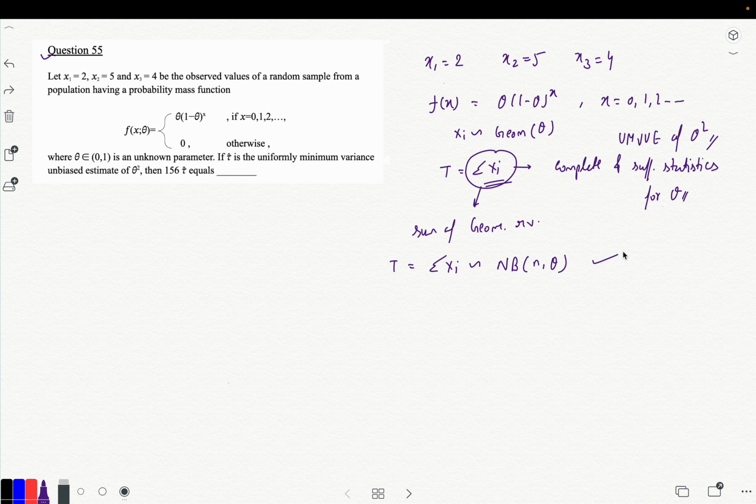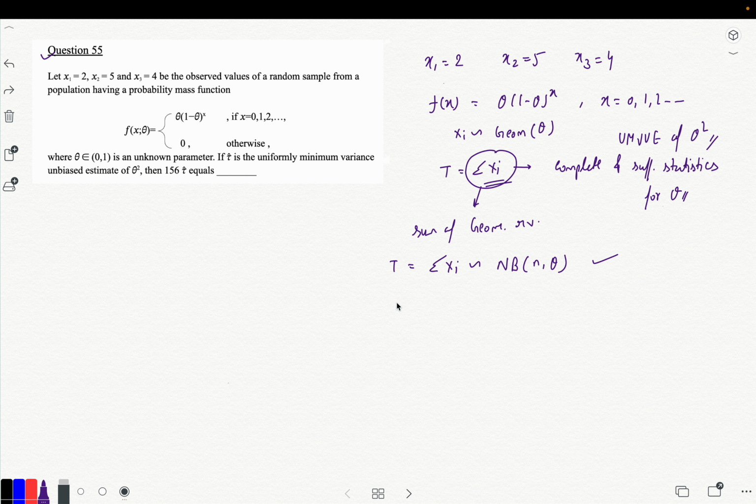That's the property, that the sum of geometric follows negative binomial. Now we have to find the UMVUE. For finding out the UMVUE, we got that this is the sufficient statistics, and we know the distribution of the sufficient and complete statistics. So this is following negative binomial n comma theta.